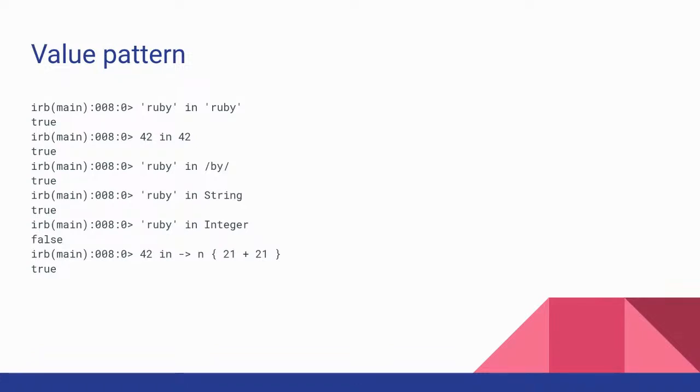The same for the integer that we're receiving here, false. It's also interesting because we can use pattern matching against a lambda in Ruby. The language is going to execute this lambda and use its return to compare with the value you try to match, and this is the value pattern.